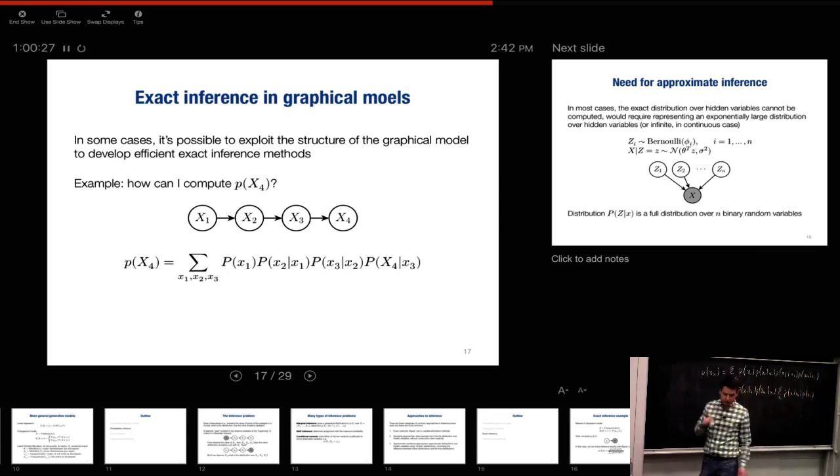So I've taken some of the terms outside the summation. And now I can compute this very easily. I can just sum out x1 to come up with this term, which is also, by the way, equal to p(x2). I store what that probability p(x2) is, and I repeat this process, and eventually I get a distribution over just x4.